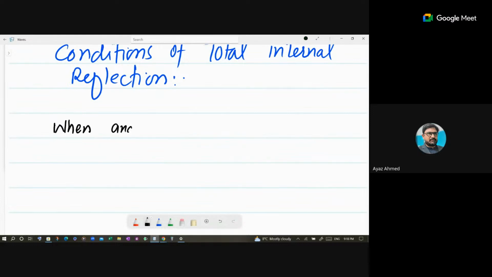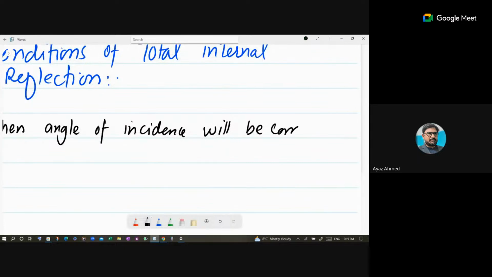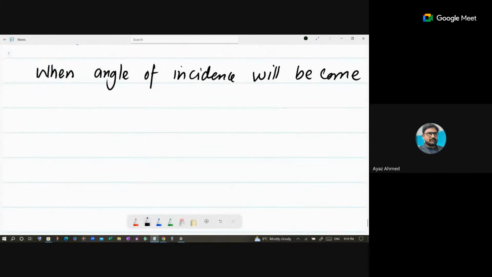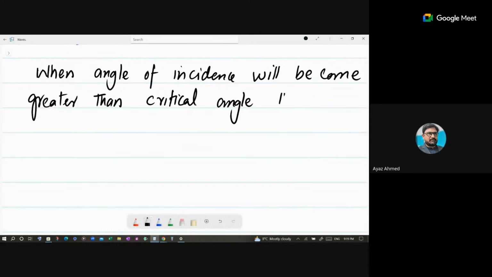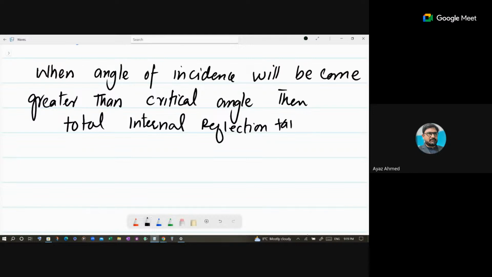When the angle of incidence becomes greater than the critical angle, then total internal reflection takes place. This is asked to you, that's why I'm going to write it in proper words. Internal reflection takes place.